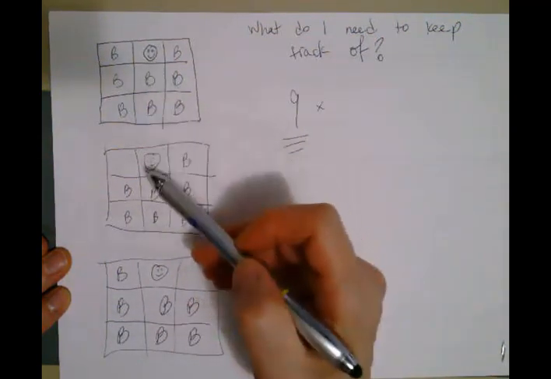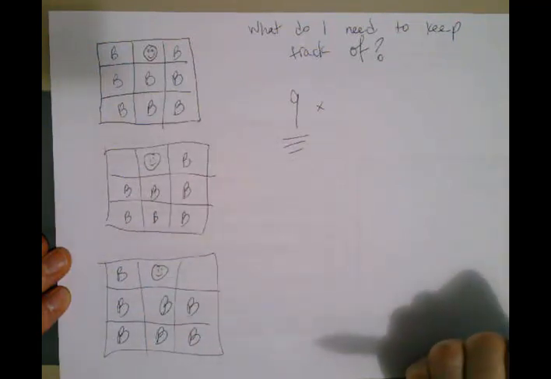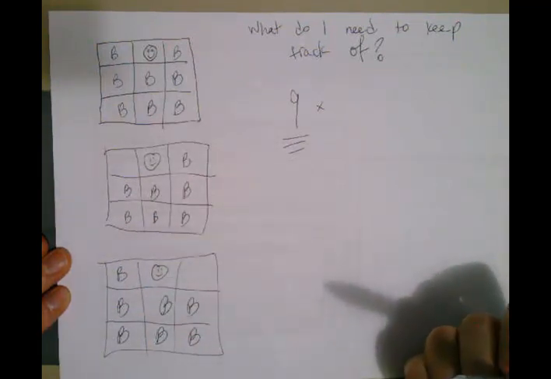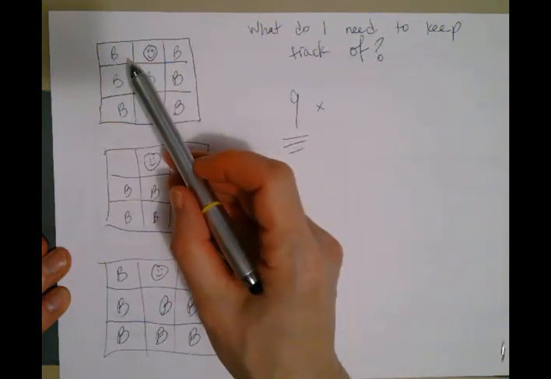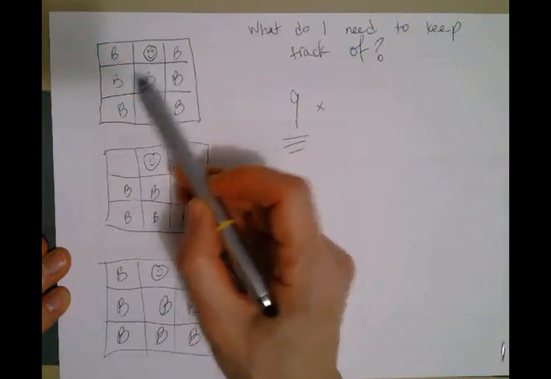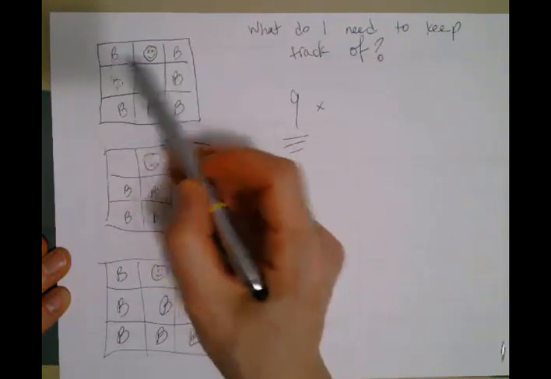So if the smiley is in this space, then what we need to think about is all of the cases where this room is blue or white, this room is blue or white, and so on. Each of these is 2 cases.